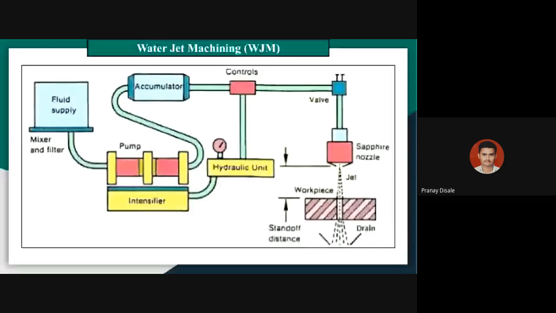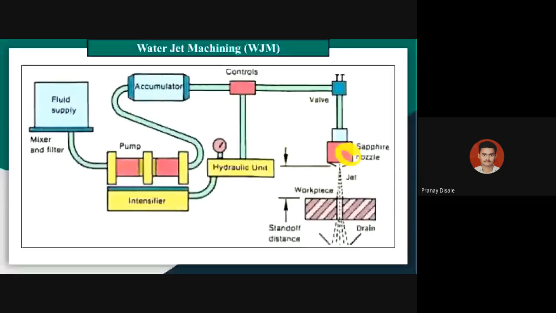And here a fluid pump is used to increase the water pressure as high as 2500 to 4000 bar. Okay, and to increase that pressure of water, we require the intensifier, or it is also called booster. Okay, so this pressurized water is then discharged with the help of a small diameter nozzle.